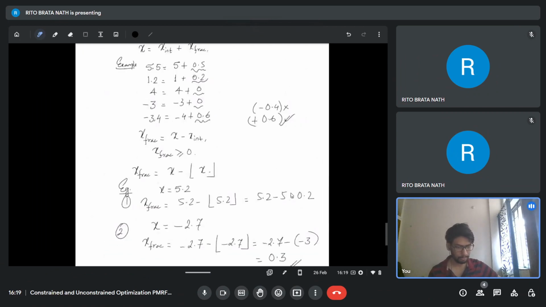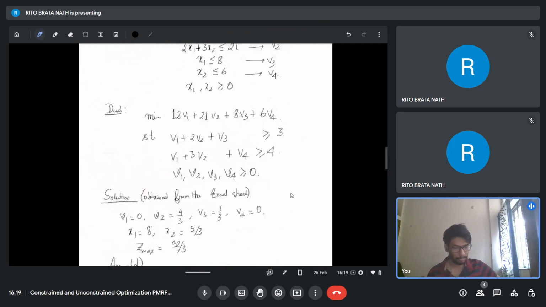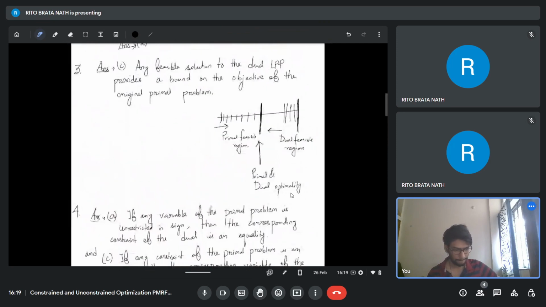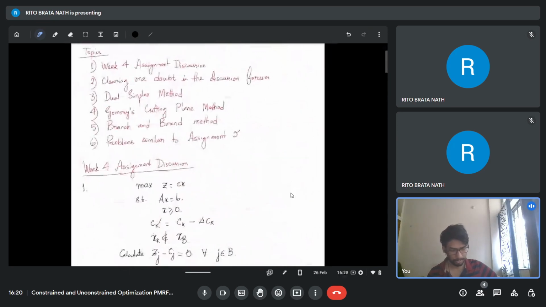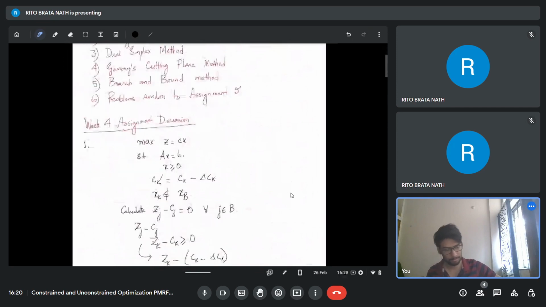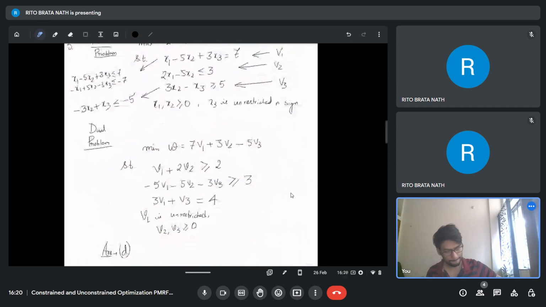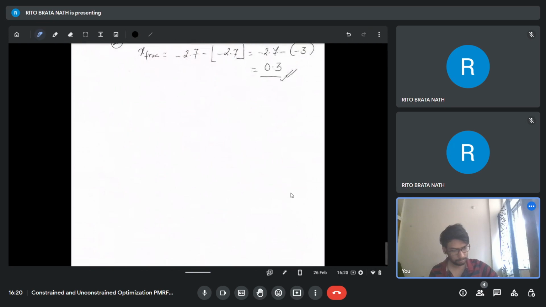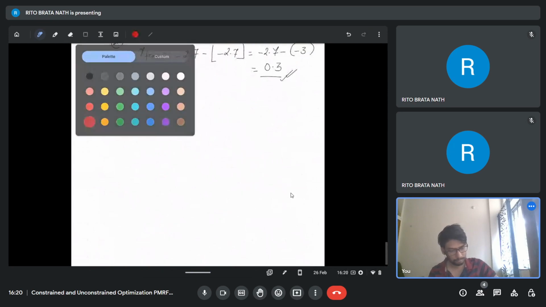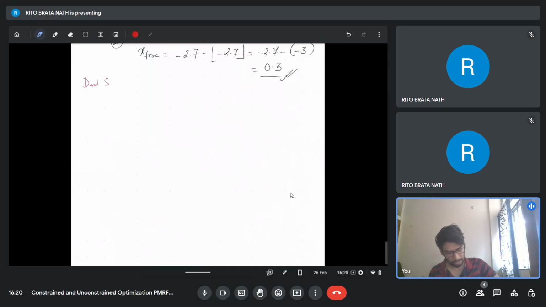Next, what I wanted to discuss is Gomory's cutting plane method and our dual simplex method, and then Gomory's cutting plane, branch and bound, and assignment 5 problems probably. Let's see how much time I have. Dual simplex method, I think you'll find in assignment 5. Let's see what's there in assignment 5 and discuss this together.